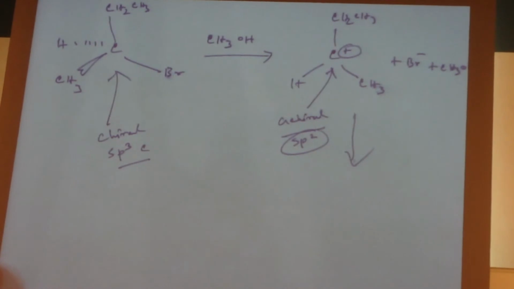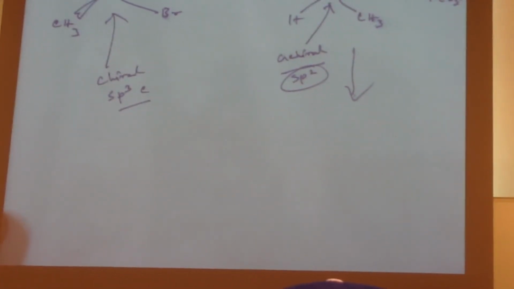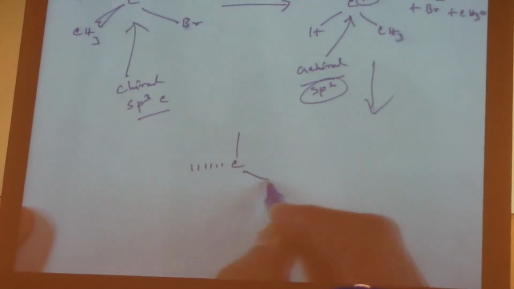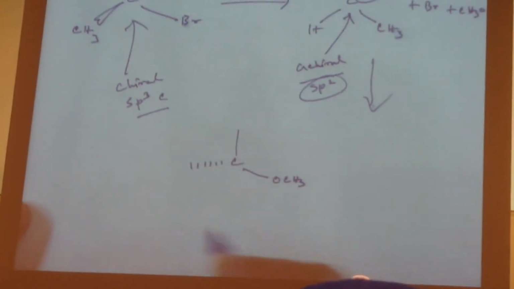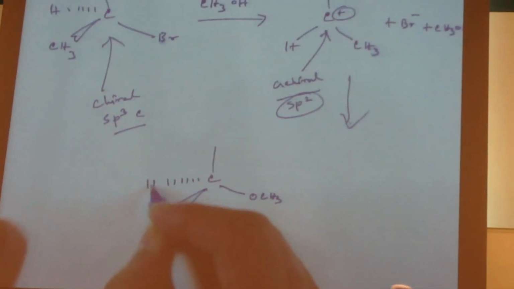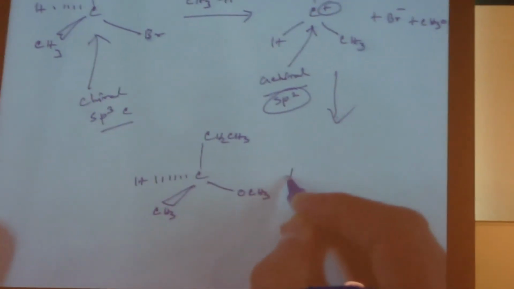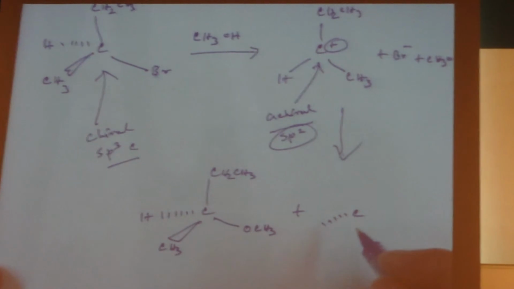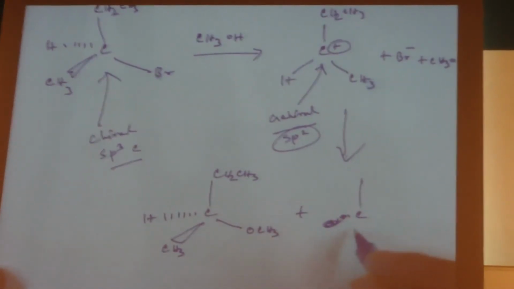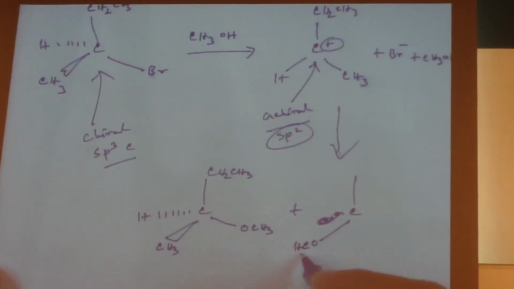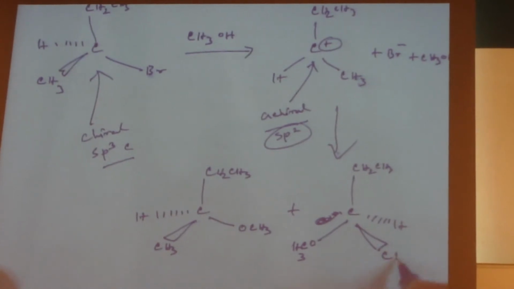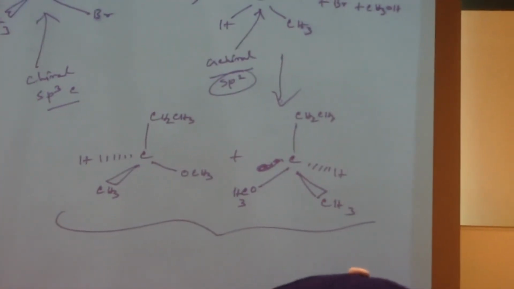So in this case, because the intermediate is achiral, theoretically we should get equal amounts of both enantiomers. This is what we should get theoretically.